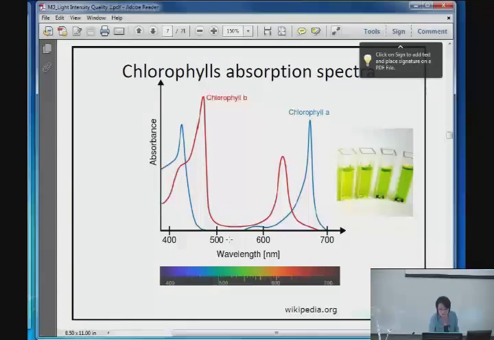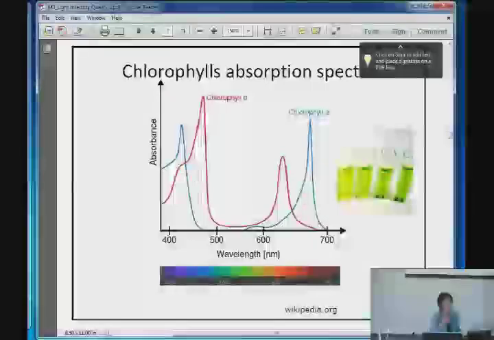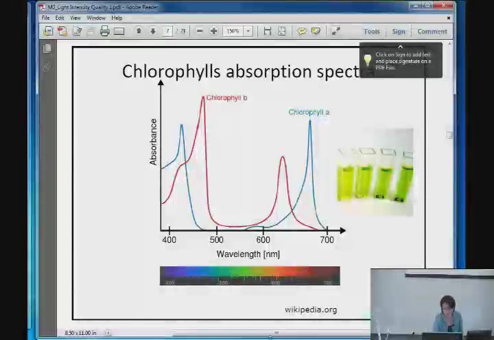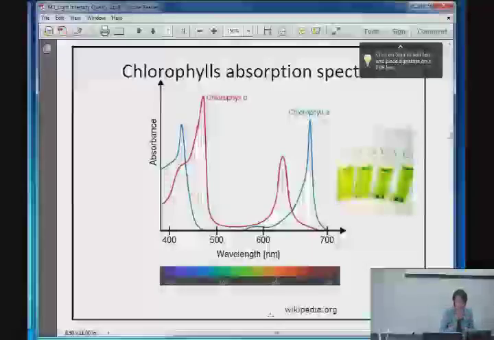That means a cuvette containing a solution with chlorophyll. And then if you scan the absorbance at each wavelength, you create this kind of response. But this is only the chlorophyll, the pigment.